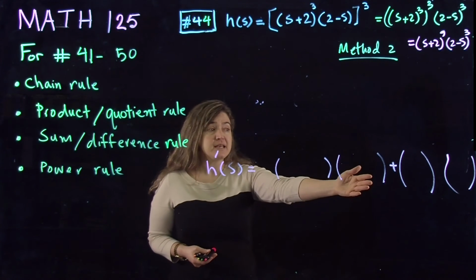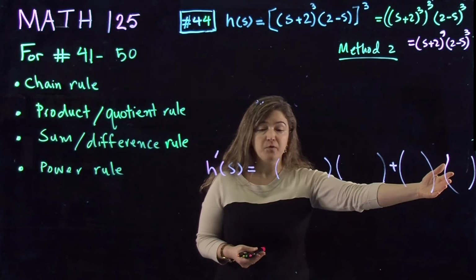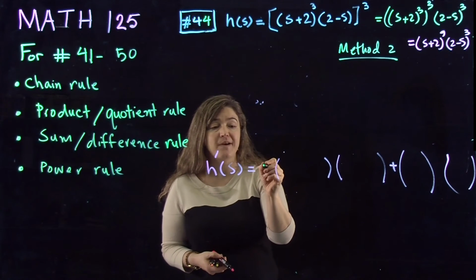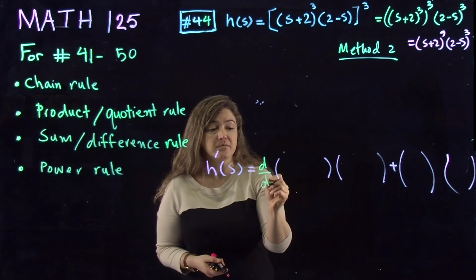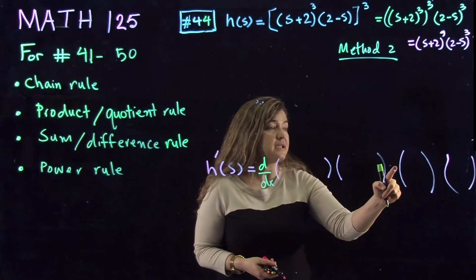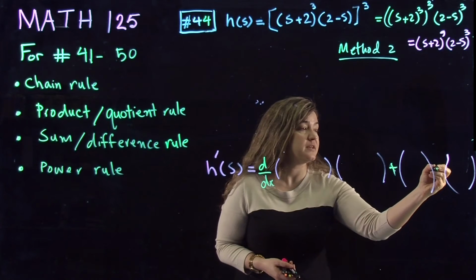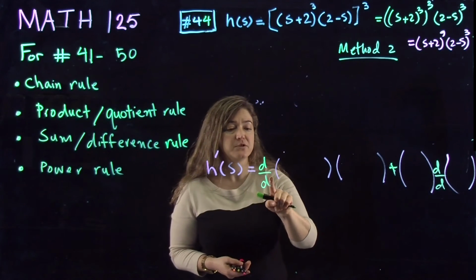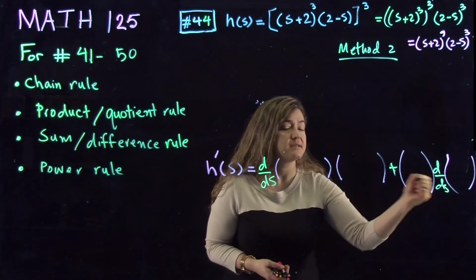So as with any product rule, I put it into 4 parentheses, making sure that the first factor comes with a derivative in the first term, and the second factor comes with a derivative in the second term, with respect to s.